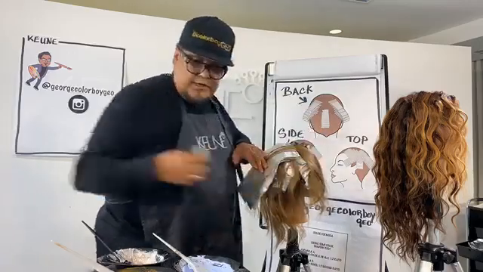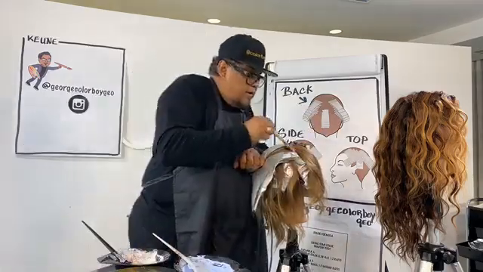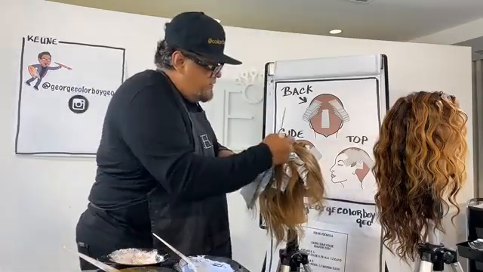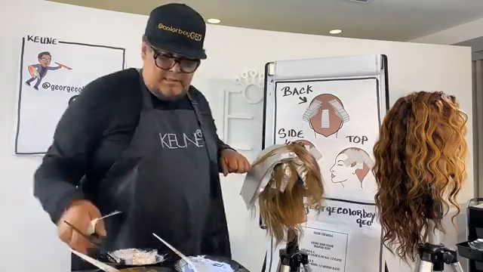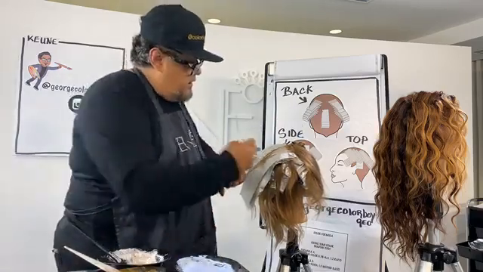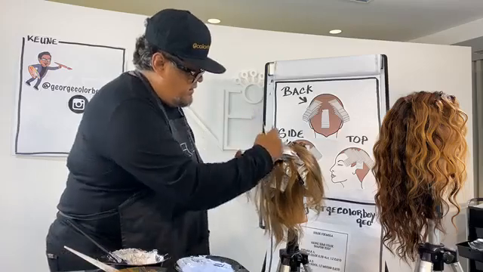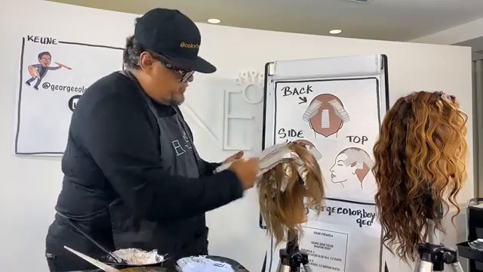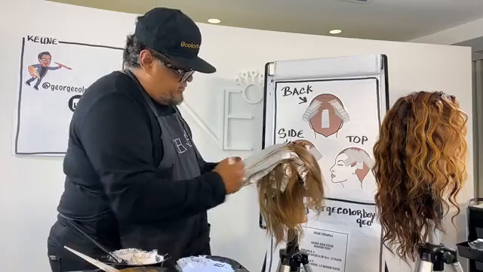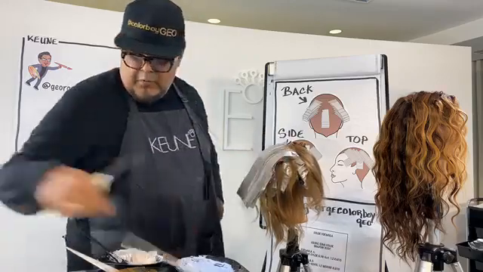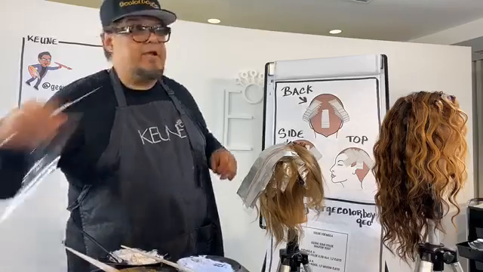This is my next section here. A little bit of my shadow. Now if you want more definition in your sectioning, you can opt into doing a little bit of the download color in between, and that'll give you more definition of your variation of colors.